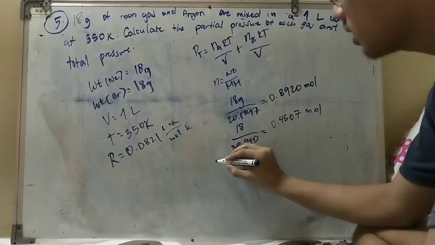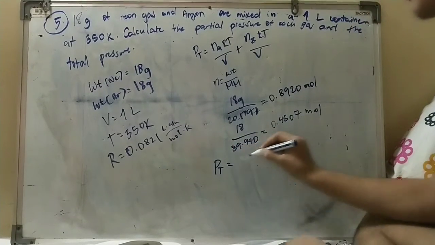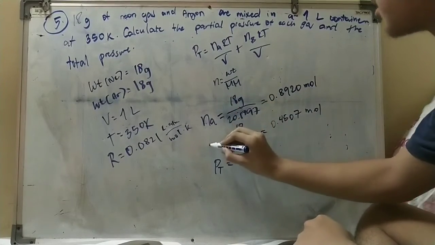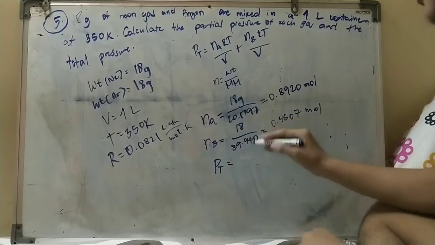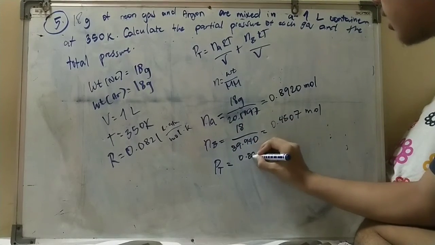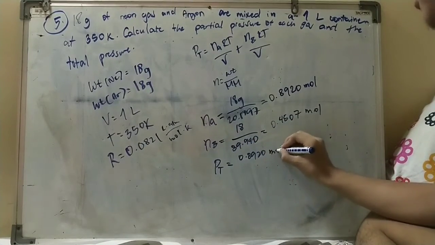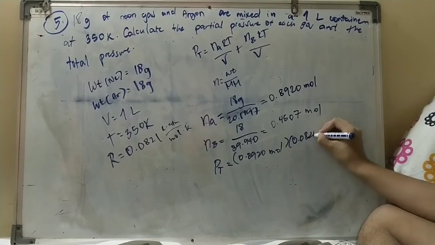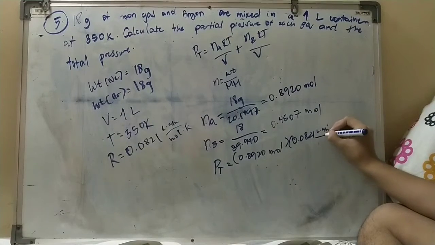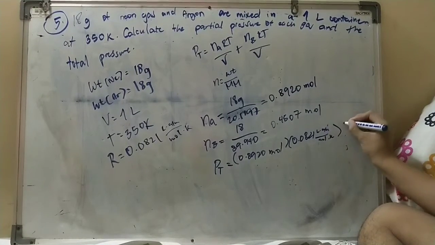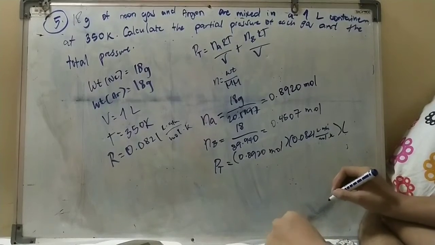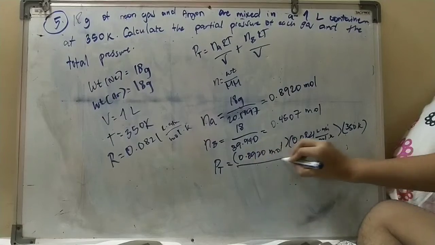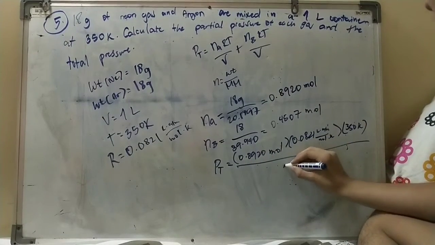So PT is equal to NA RT over V plus NB RT over V, NA being 0.8920 moles, times our gas constant, which is 0.0821 liters times atmosphere over moles times Kelvin, and our temperature, which is 350 Kelvin, over 1 liter.